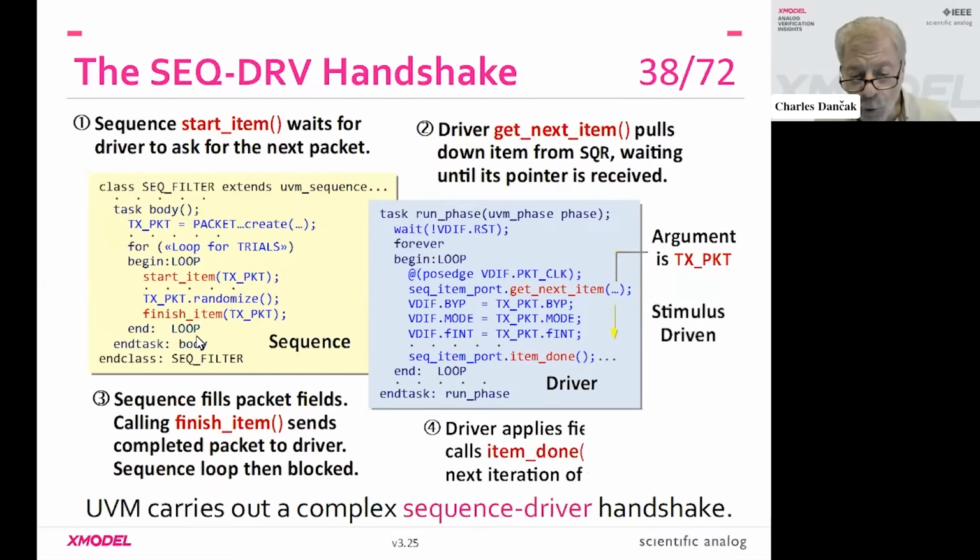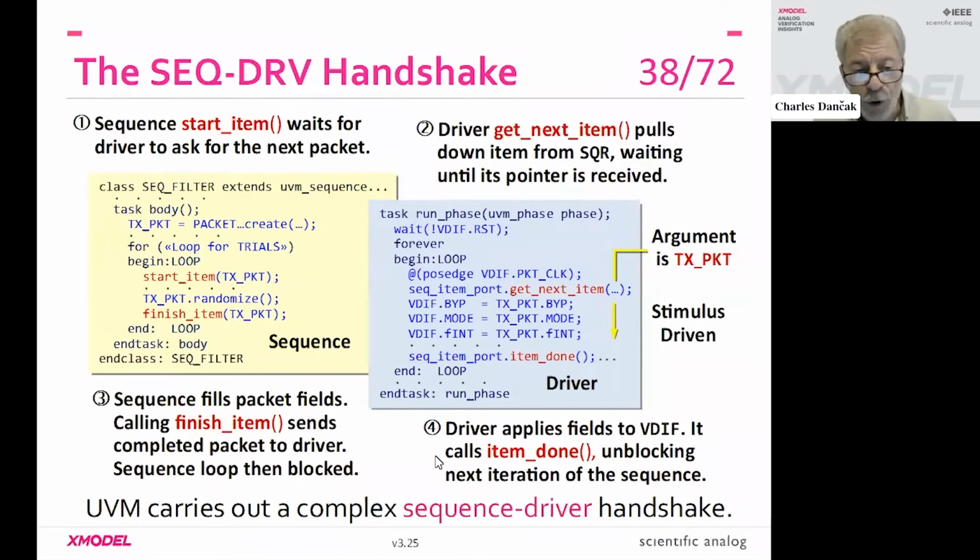And in step 4, the driver has applied the values in the packet pointed to, driven them onto the interface bus where the DUT gets them, and now item done is called. In the simplest case, it has no arguments, and it unblocks the sequence loop to continue.